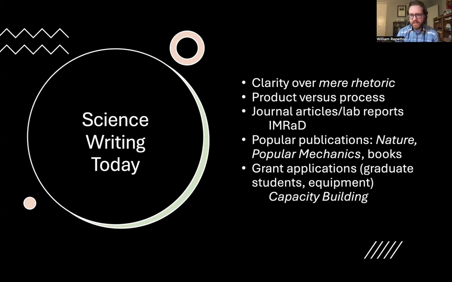But we see a lot of science writing in grant applications. People want to get a grant for various reasons. They want to get a grant to support more graduate students in their lab, to buy new equipment in their lab, and these kinds of things. Just to give you a really quick background, a lot of these grants come from the federal government.